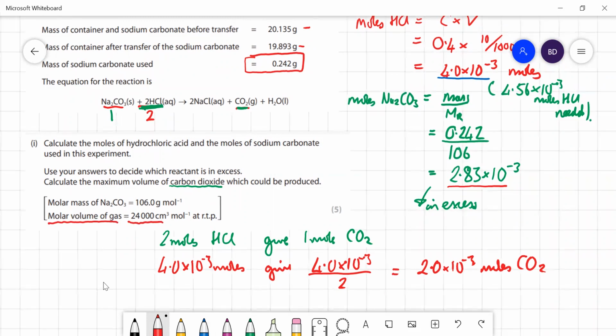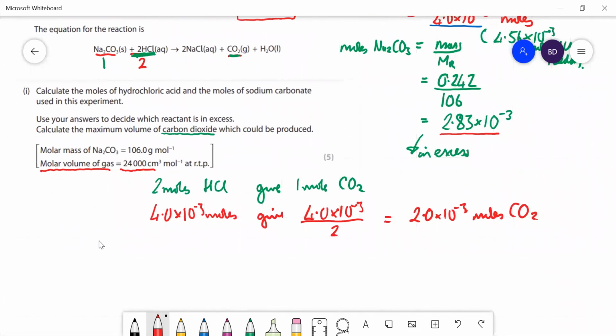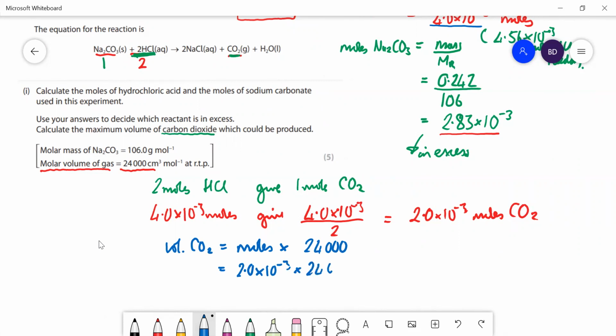So volume of carbon dioxide is equal to the number of moles multiplied by the volume of 1 mole, 24,000 in centimeters cubed. So 2 times 10 to the minus 3 times 24,000 gives us 48 centimeters cubed. That's the maximum volume we could get.